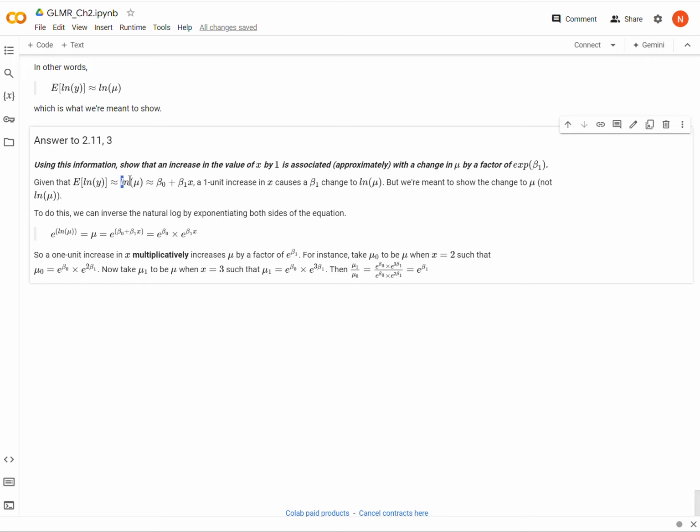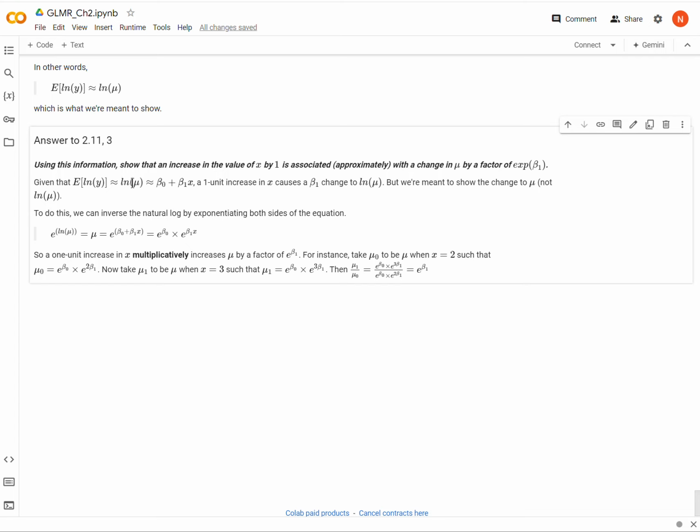Okay, well, now in this format, let's just look at this. Here, a 1 unit increase in x causes a beta 1 change in the natural log of mu. That's a true statement. But we don't want to know what happens to the log of mu. We want to know what happens to mu. So what we need to do is inverse the natural log here, and we do that by exponentiating.